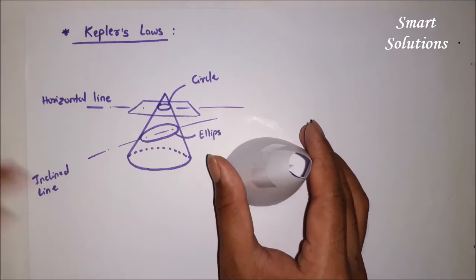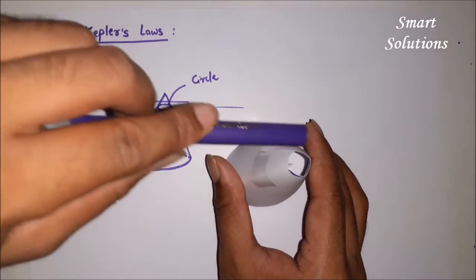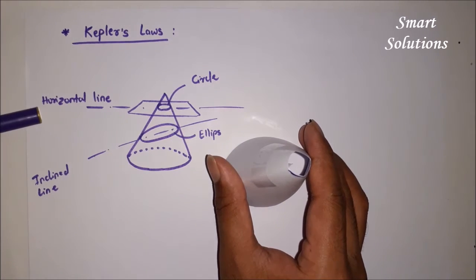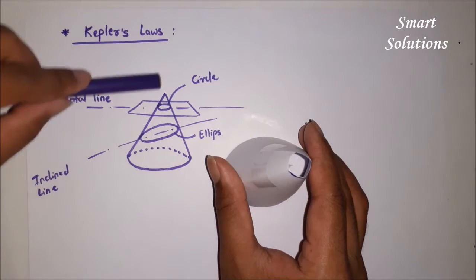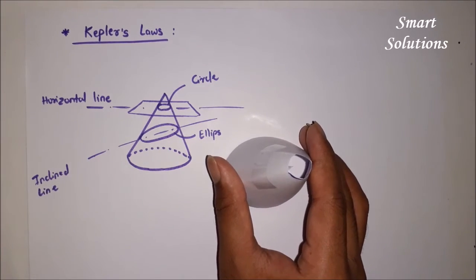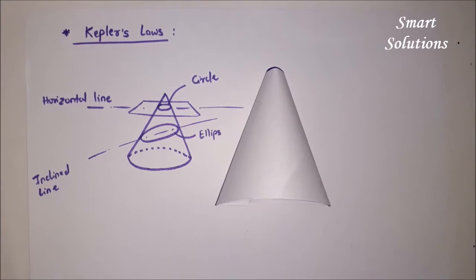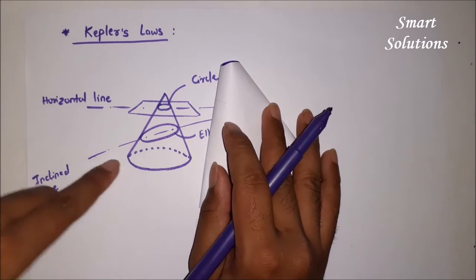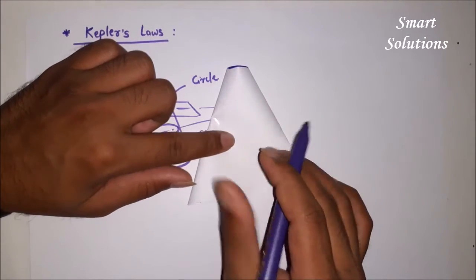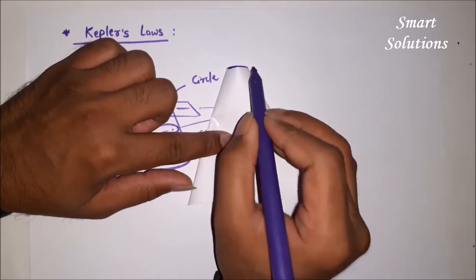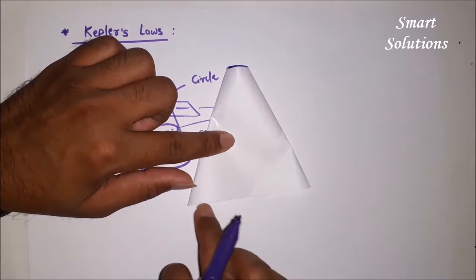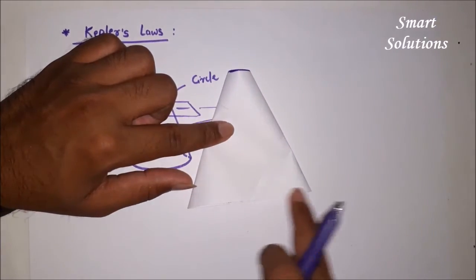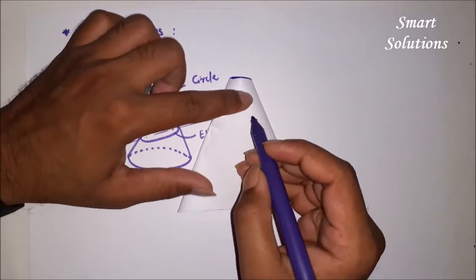So what we have written is that if a cone is cut in horizontal direction, we will obtain a circle. Now what we have to do next is cut this cone along some inclined line. This was our horizontal. What does horizontal mean? Parallel to its base.